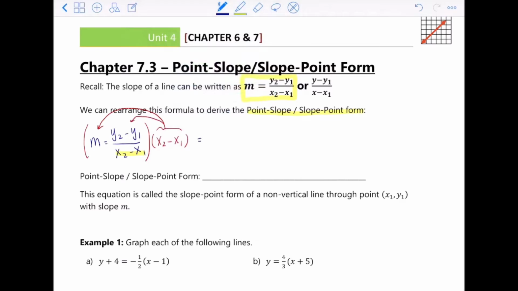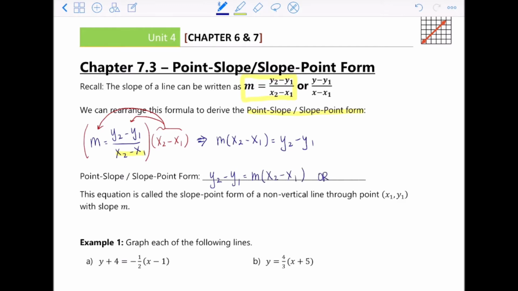We get m times (x2 minus x1) equals y2 minus y1. So point slope or slope point form will be y2 minus y1 equals m times, all in the bracket, x2 minus x1.